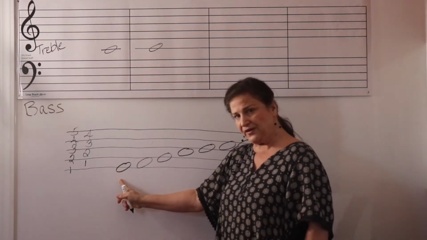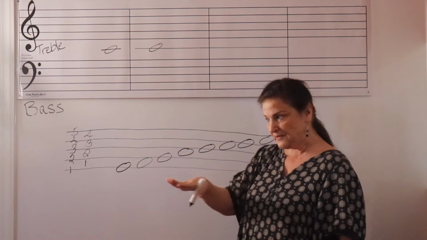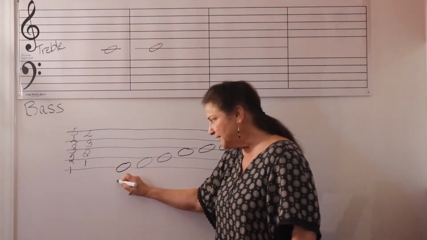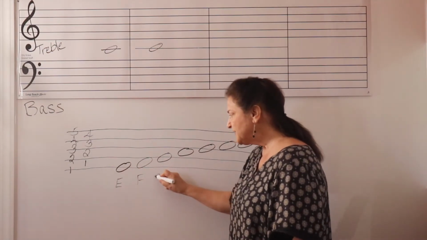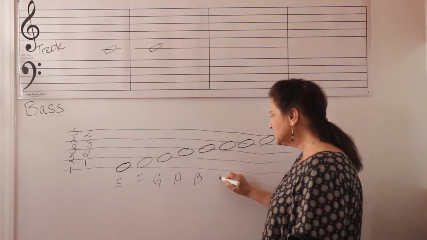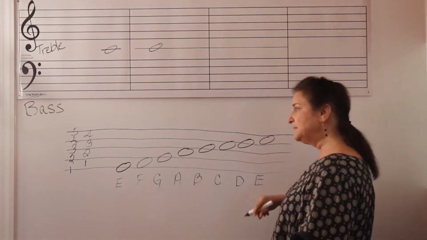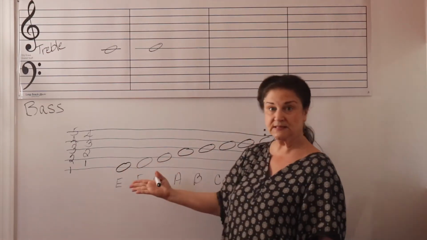So when we look at these, when they go up by step, which is how I showed you on the piano, this would be the letter E: E, F, G, A, B, C, D, E. And it goes up and down by step and sounds like a scale.